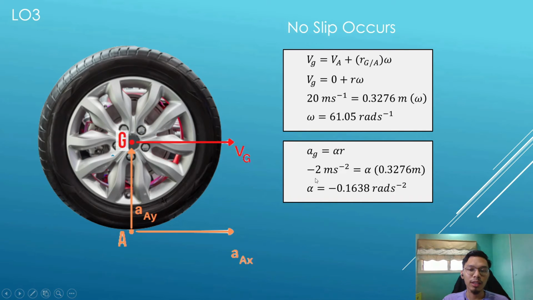We can calculate alpha equals negative 0.1638 rad per second squared. The negative indicates that it is decelerating. As the ambulance decelerates, the angular acceleration of the tires also decelerates.